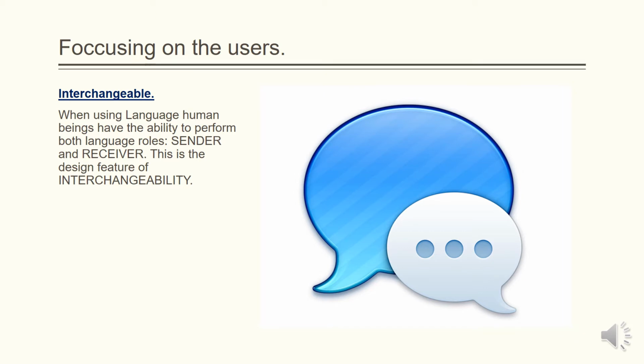First, we have here interchangeable. This is very easy to understand. Whenever a linguistic event is taking place, every human being has the ability to perform both roles. We can be sender and receiver, and these roles are interchangeable. So we can change them all the time.